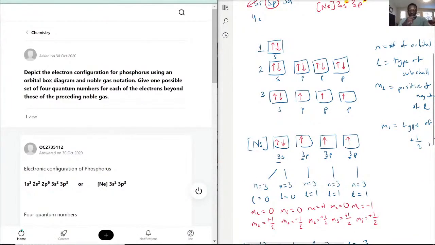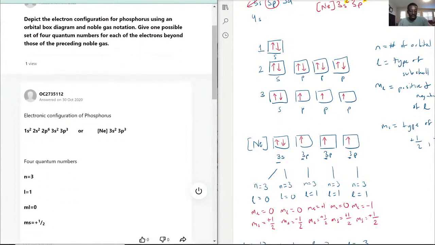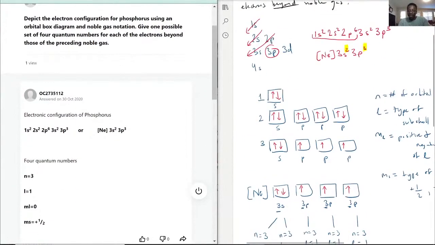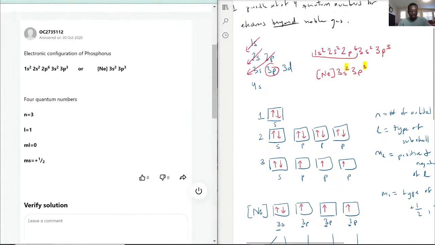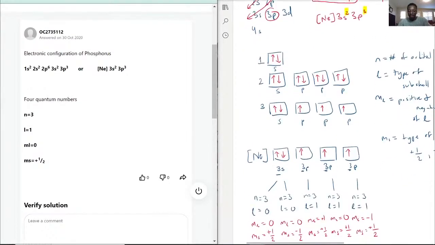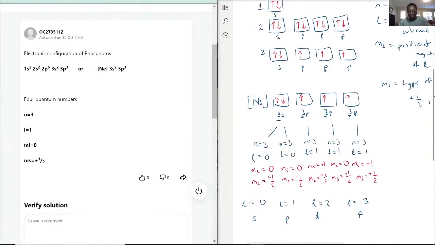First of all, we have the electron configuration, which we were able to do, both the long and the shorthand version, which is good. And then we have now listed 4 possible quantum numbers: 3, 1, 0, plus 1/2. They're referring to this one specifically.